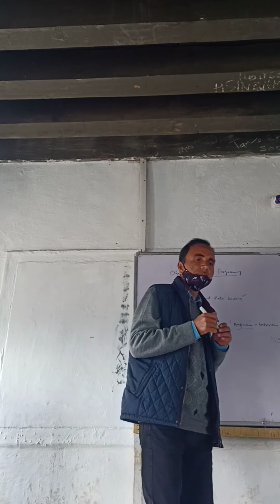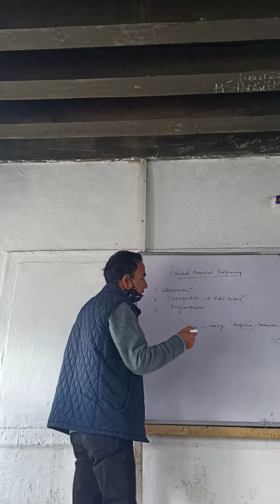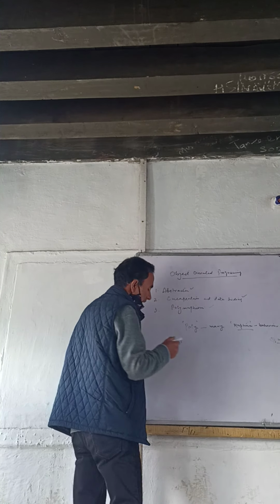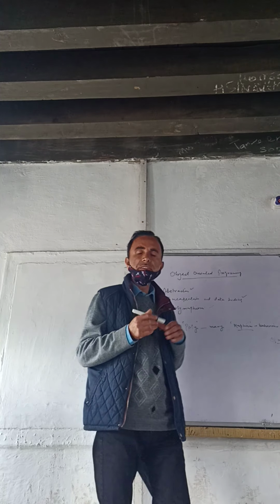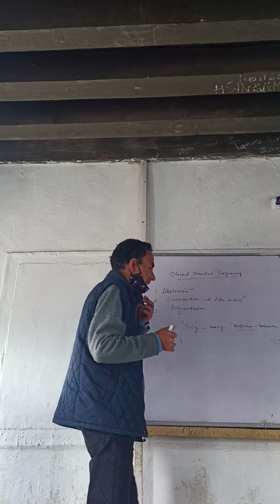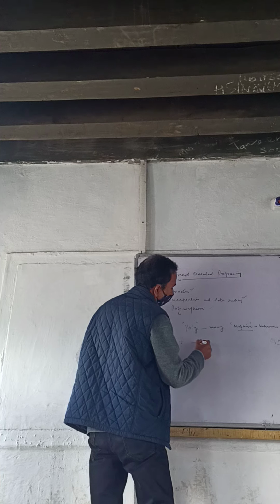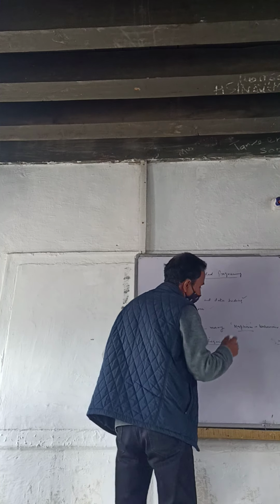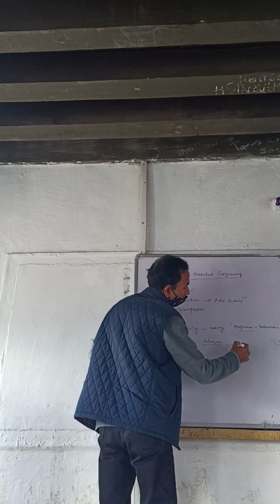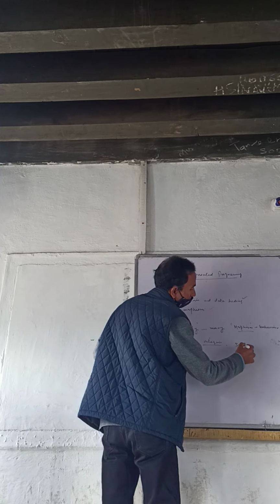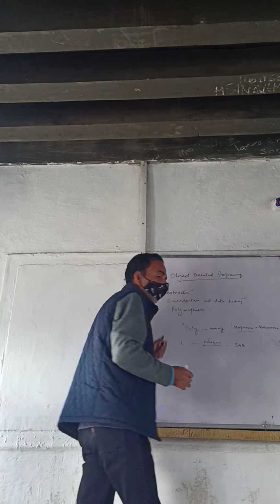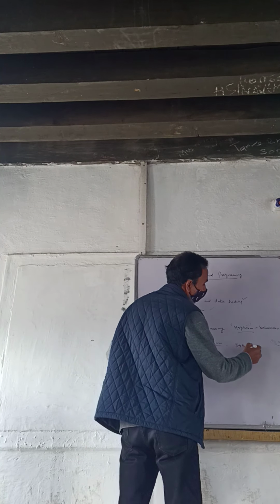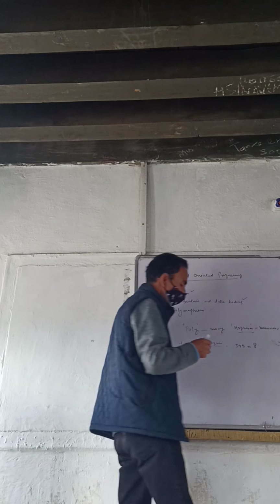For example, if we have the plus operator, and we use this plus operator between two integers, 5 plus 3, we get 8.